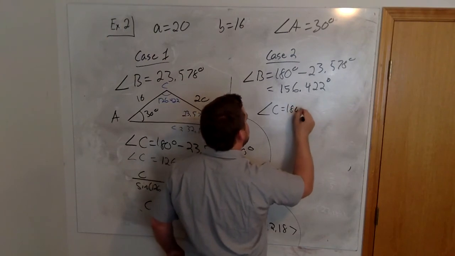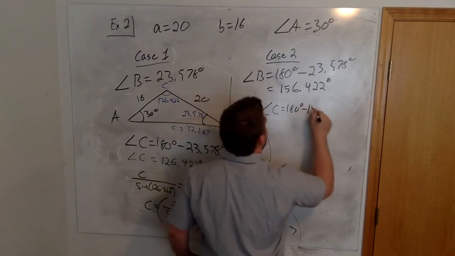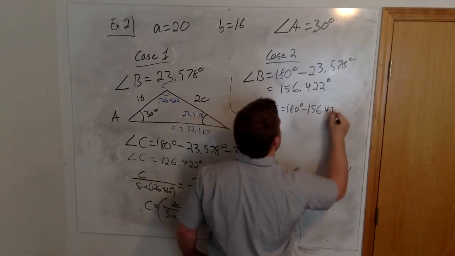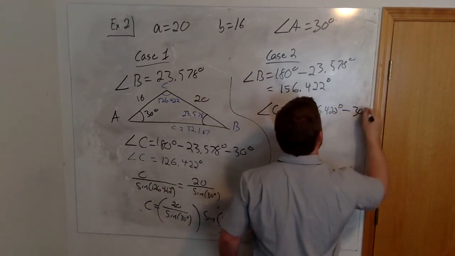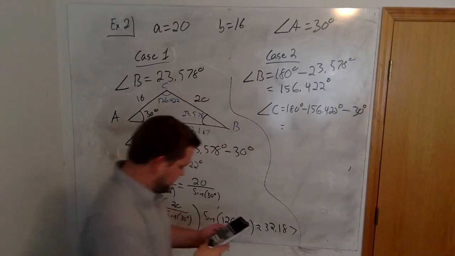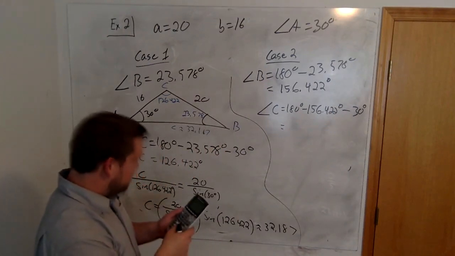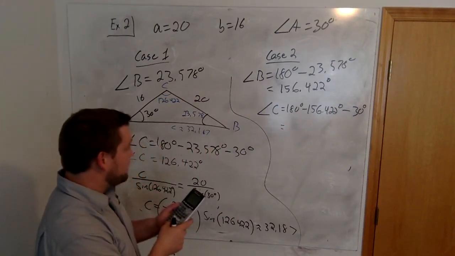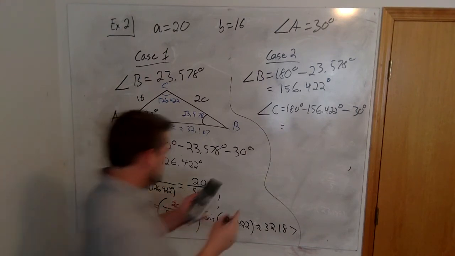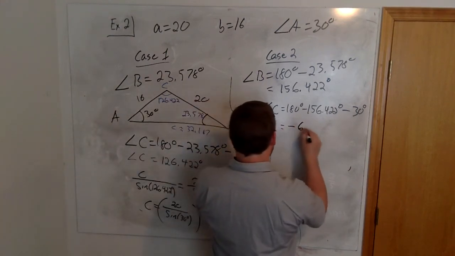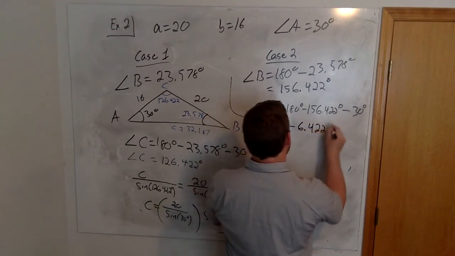Well, that would be 180 degrees minus 156.422 degrees minus 30 degrees. Well, what's this going to give us? 180 minus 156.422 minus 30, I get out a negative 6.422 degrees.